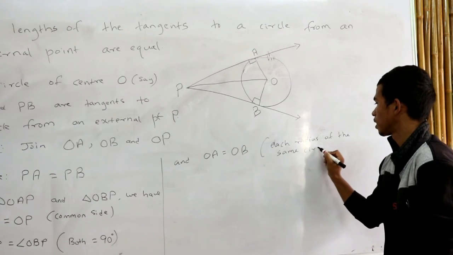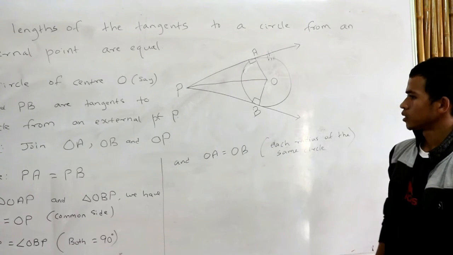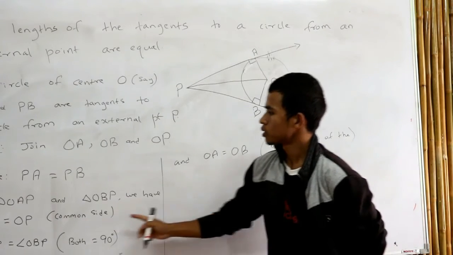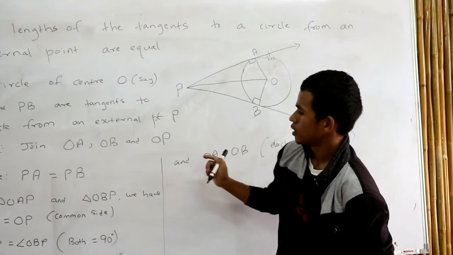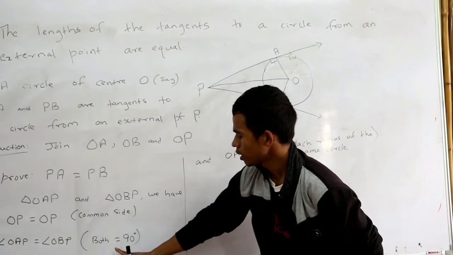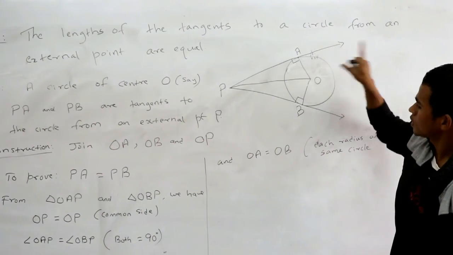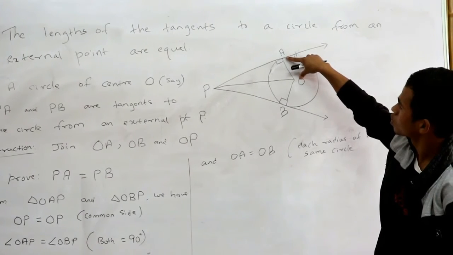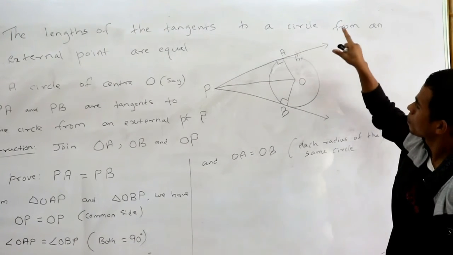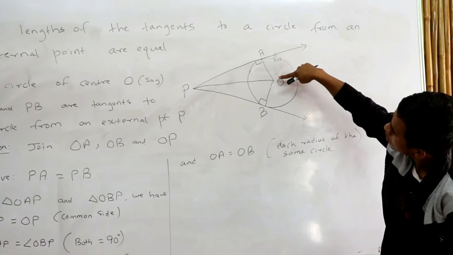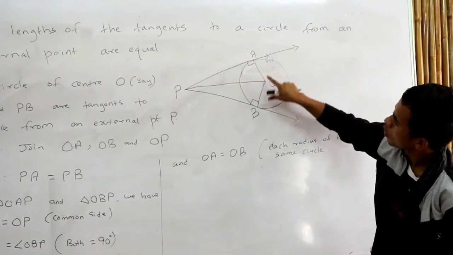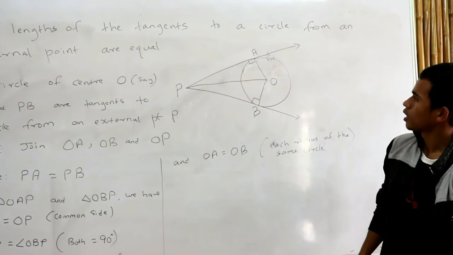So from these two triangles, we have this side which is common, and then we have two angles which are 90 degrees each, and we have OA and OB also equal.